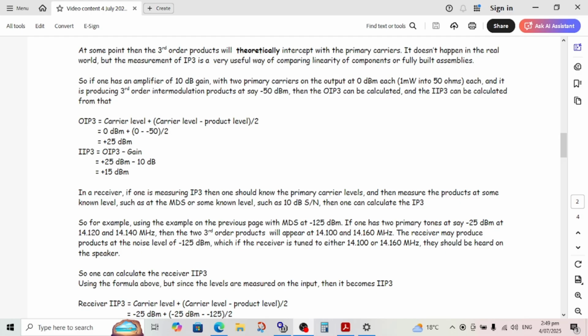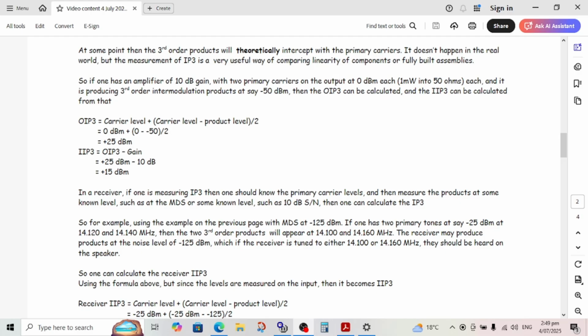In the case of a receiver, then we can calculate the receiver intercept point. Using the MDS we had calculated earlier, then the intercept point can be calculated if we put two input signals in at minus 25 dBm and the products appear on the noise level.